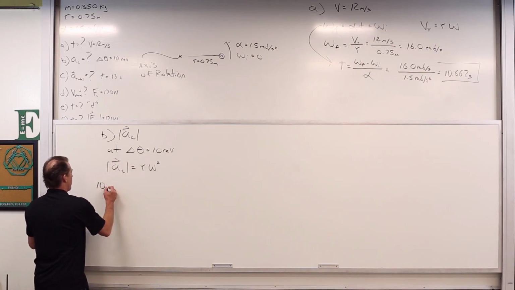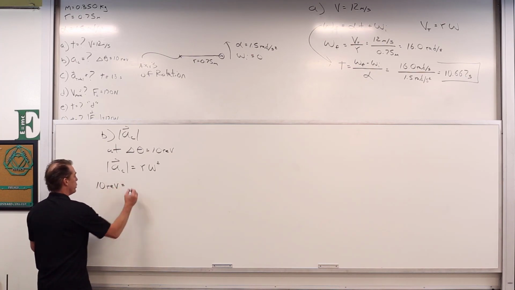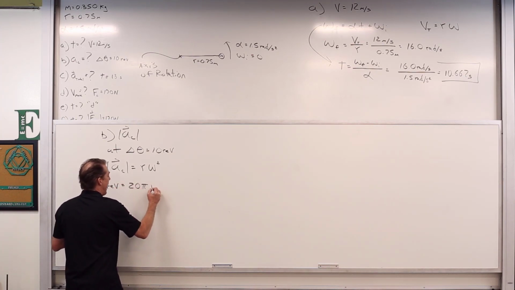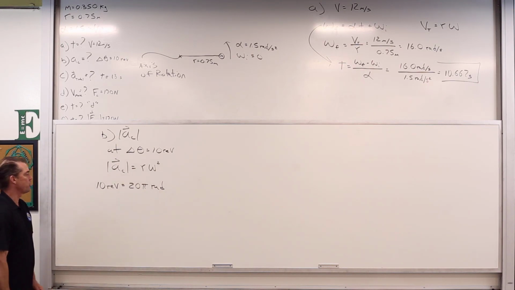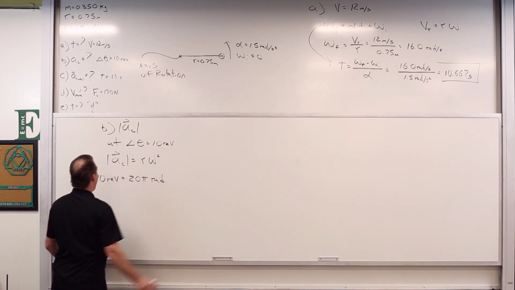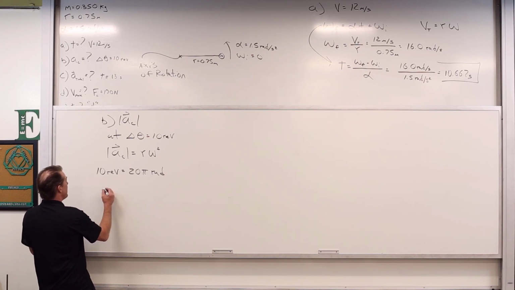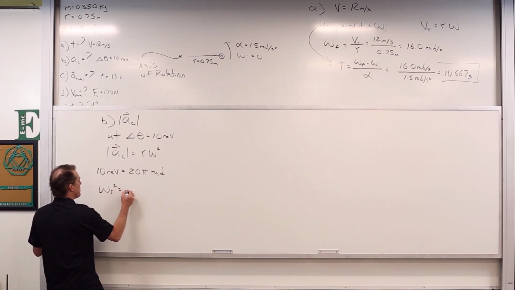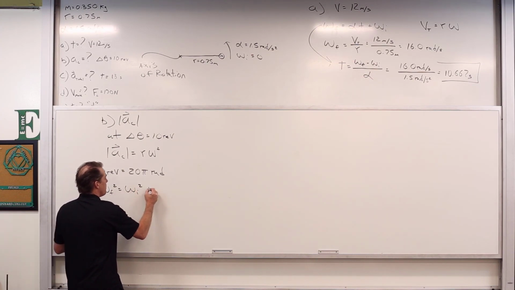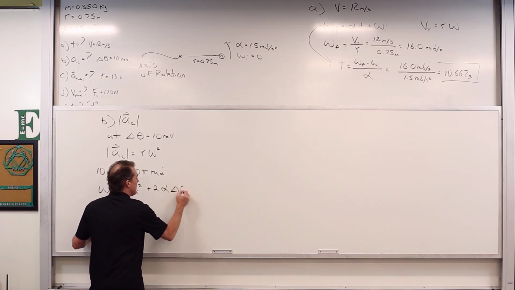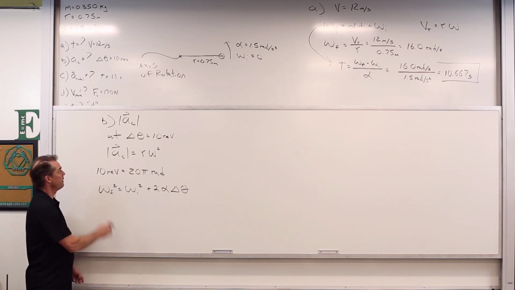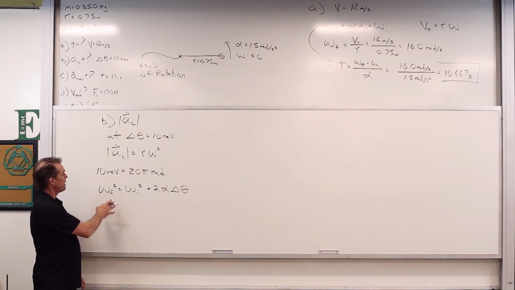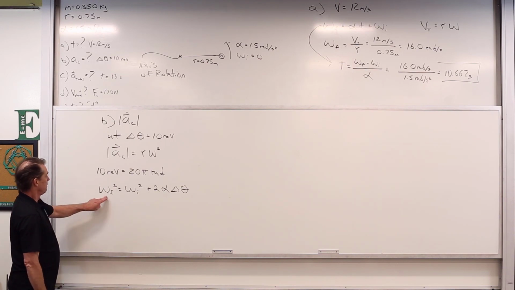So we note that 10 revolutions is equal to 20 pi radians, right? 2 pi radians per revolution. We've also got that omega final squared is equal to omega initial squared plus 2 alpha delta theta, one of the equations of motion for constant angular acceleration, which we can utilize to figure out omega squared.